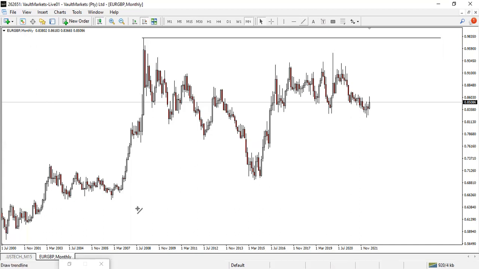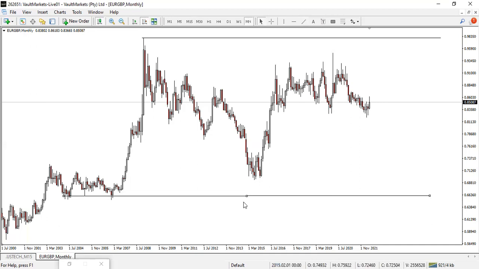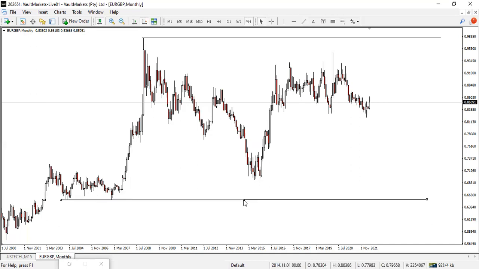It comes from this low here. Okay, I'll mark it like this. As simple as that. Immediately, you already saw where EURGBP has to go, and you already see the reason why it should go there.